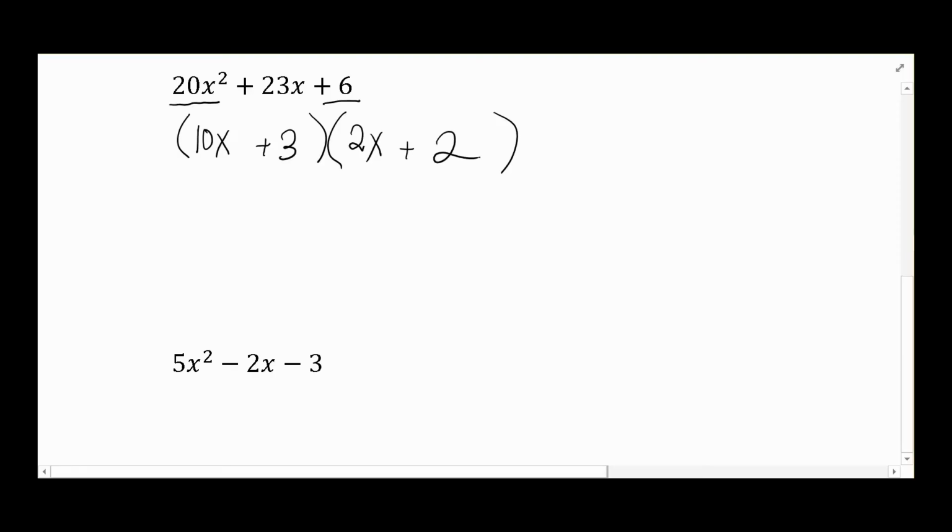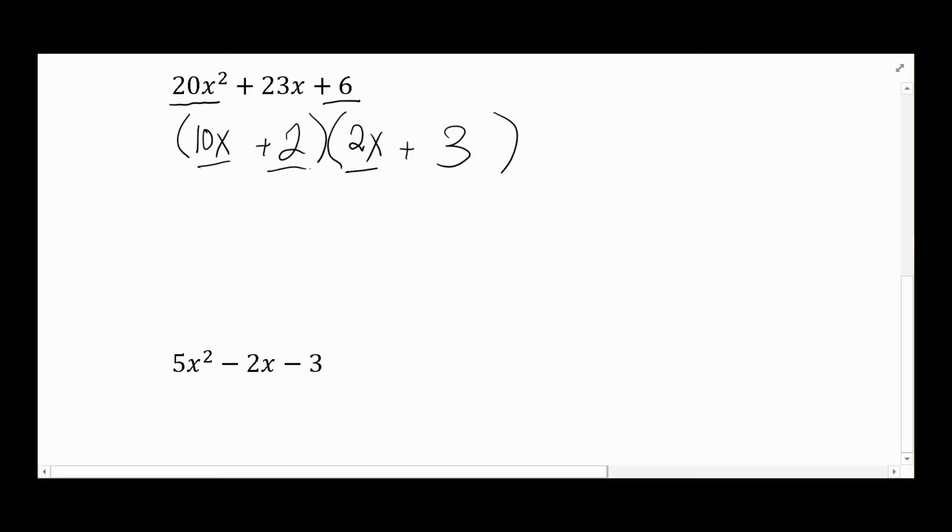But here's where that educated part comes in. This would be a bad guess that I wouldn't even make, because of the fact that there's a greatest common factor of 2 that I could pull out front. But if I look back to the original problem, it didn't have a 2 I could pull out of everything because my middle term was odd. So this would be a bad guess. And so maybe instead of that guess, maybe I would put the 2 first and the 3 second.